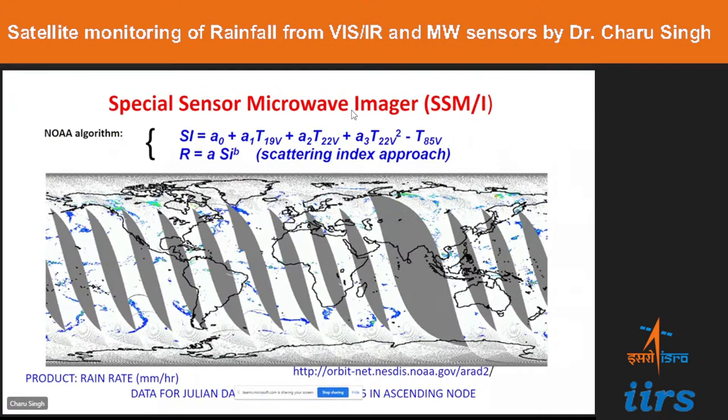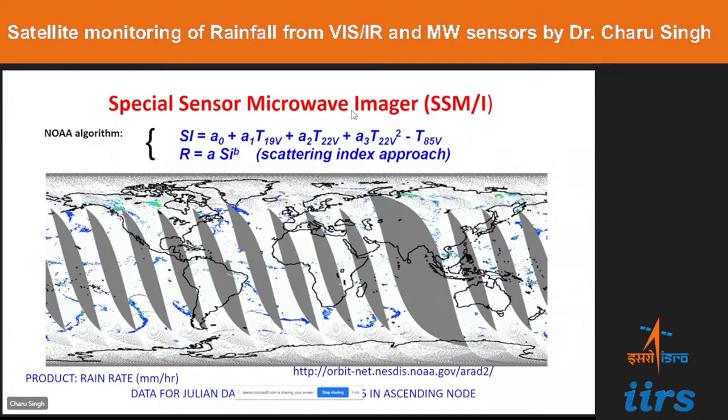Basically, the scattering index is the difference between 19 gigahertz and 22 gigahertz, with some factor called capital F, and then you subtract the 85 gigahertz brightness temperature recorded by the satellite sensor. Once you estimate the scattering index, that is basically the indicator of the presence of ice crystals within the clouds.